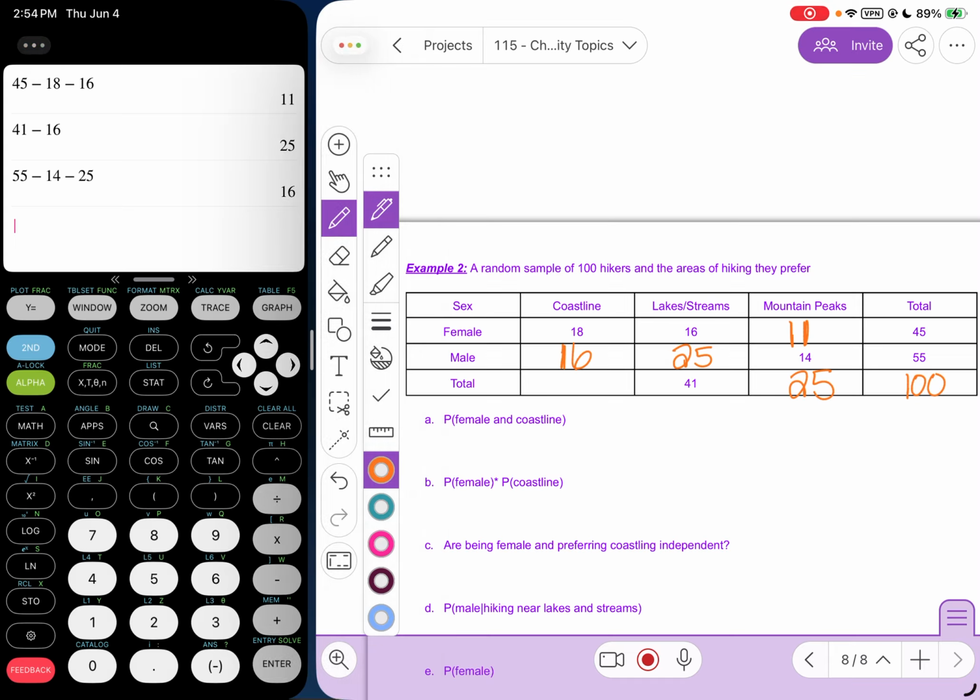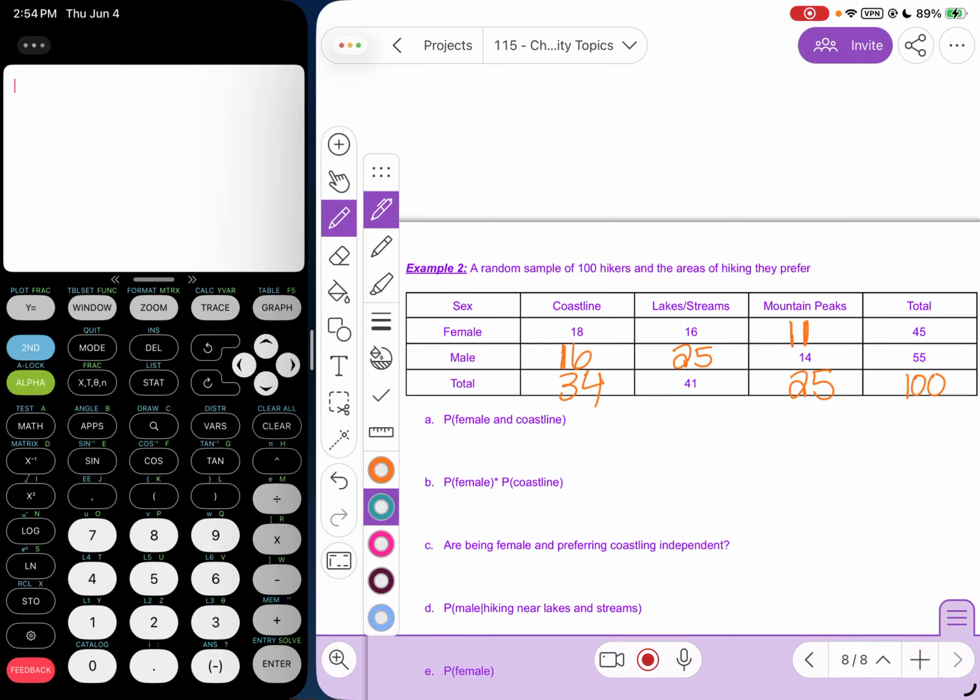That's 16. And then 18 plus 16 is 34. And if we wanted to double check that bottom row, we could do 34 plus 41 plus 25 also equals 100. So we're good. So you fill in the blanks by just adding and subtracting so that everything totals up to the right thing. And then we just do the math.